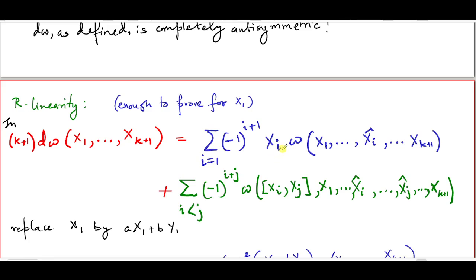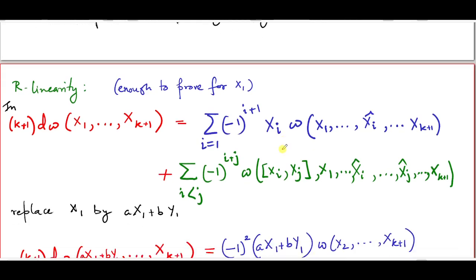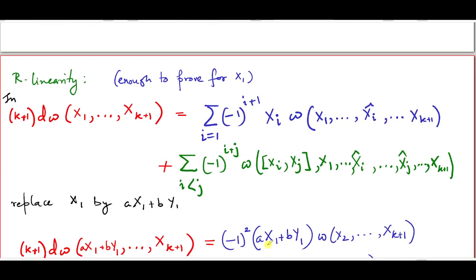So that's the term which has been replaced by the linear combination. That is, you are going to get ax1 plus by1 sitting here, and omega will act on x2, x3 all the way up to xk plus 1. There will be an overall factor of minus 1 to the power 1 plus 1 here, which is, of course, the fact that the first term always comes with a plus sign in the alternating scheme of things.